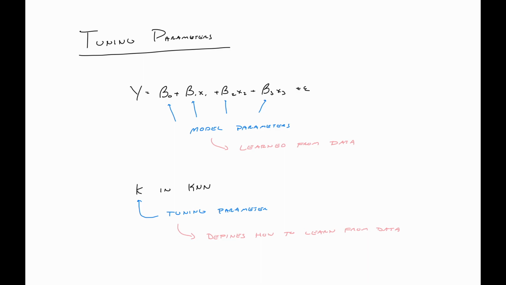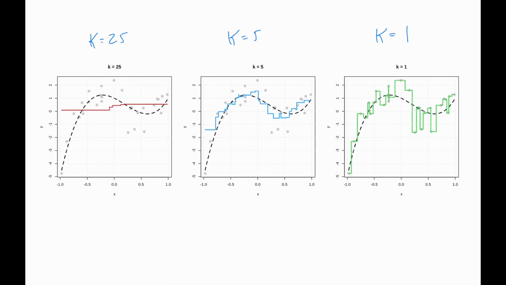But now we've seen an example of something different, which we call a tuning parameter, which is, for example, the k, that is the number of neighbors, in k-nearest neighbors. This is a little bit different because rather than, quote unquote, learning it from the data, when I specify k is 5, like here, that tells me how to get that estimate. I don't estimate a parameter from the data.